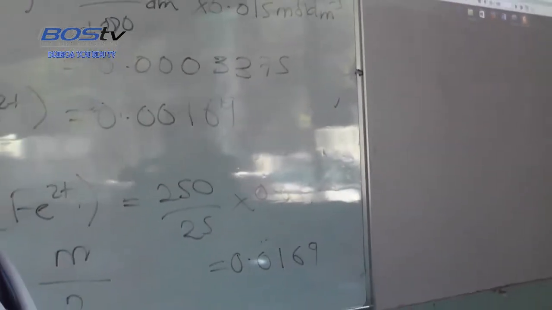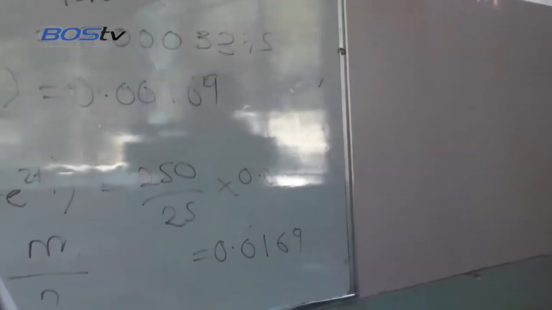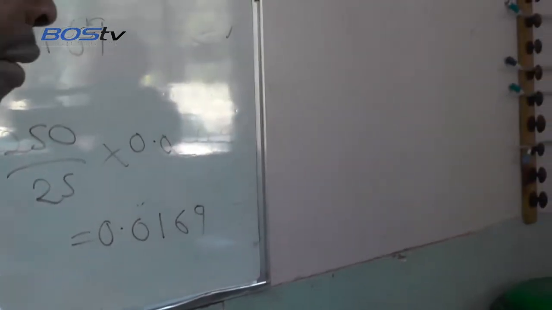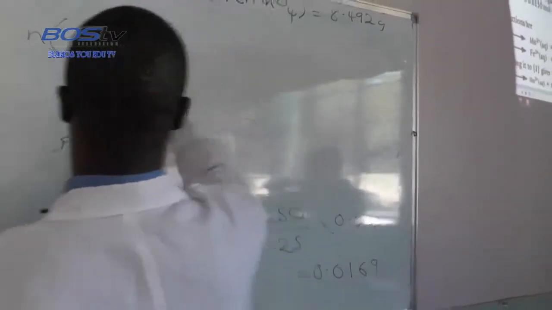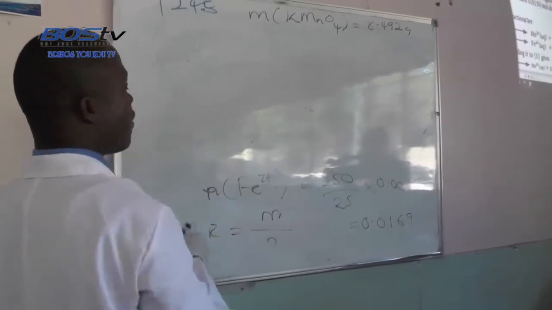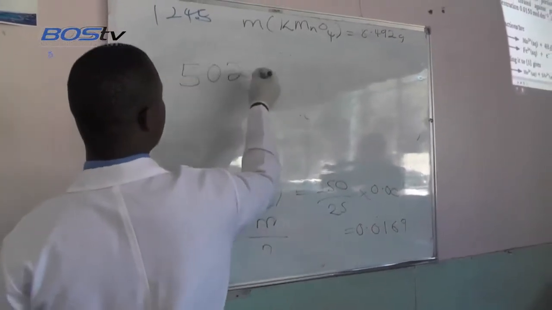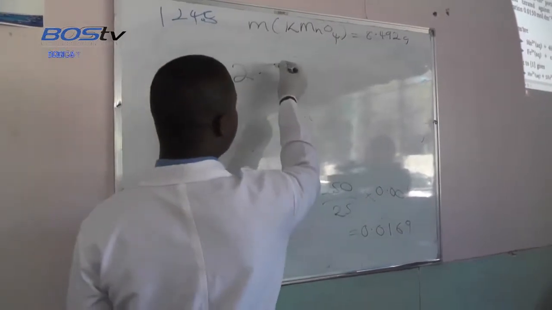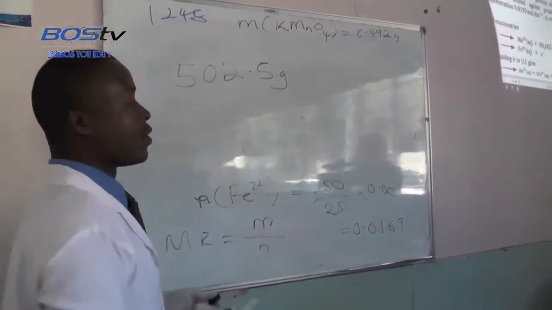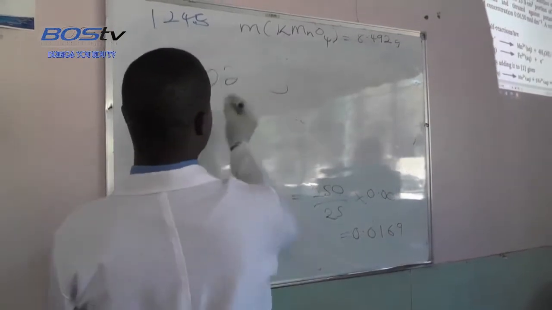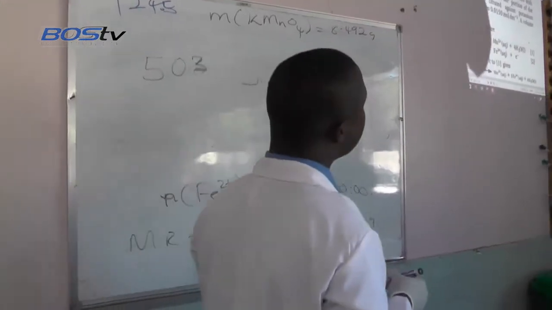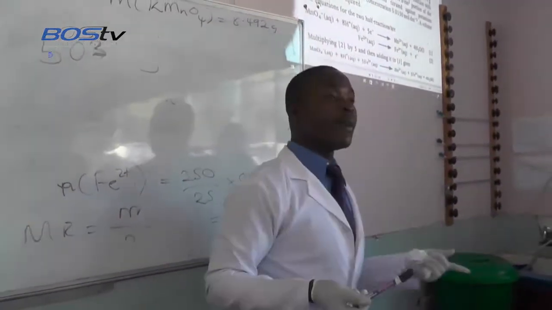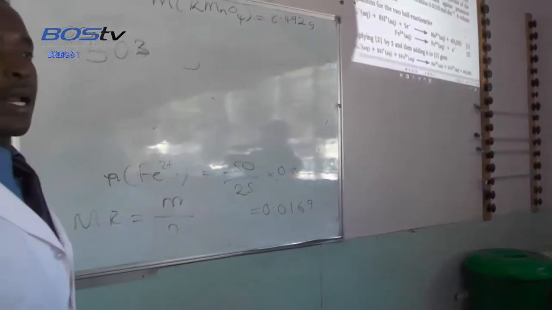What's the molecular mass? 502.5 grams. Let's just round it to 503 grams. So our iron 2 salt, which is the ammonium iron 2 salt, had an Mr of 503 grams.